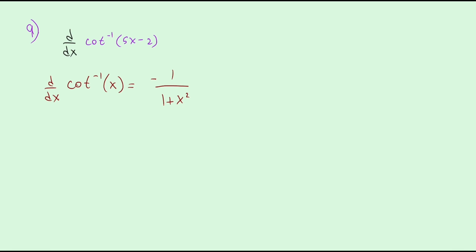Now let's find the derivative. So this would be -1 over 1 plus, in our case, 5x minus 2 squared. Now that we found the derivative of the inverse cotangent, we're finding the derivative of the inside function, which is 5.